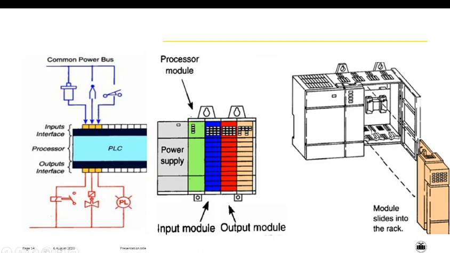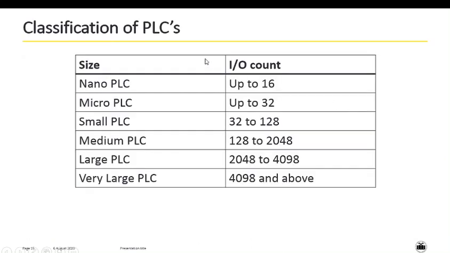This is the cabinet in which we have to insert or remove these cards. The modular PLC can be categorized as nano PLC, micro PLC, small PLC, medium PLC, large PLC, and very large PLC.